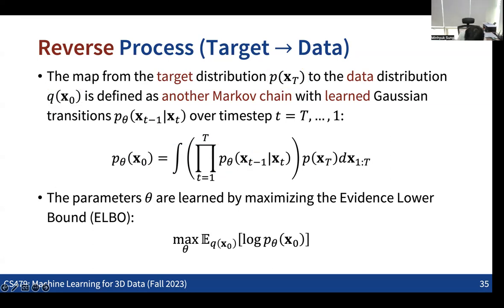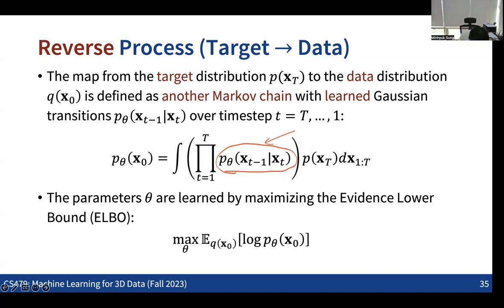If we can learn this reverse transition, which becomes the inverse function of the forward process, then as I said, we can do sampling from the target distribution and map all the points into points of the data distribution. And that becomes our generation process. Is this clear?